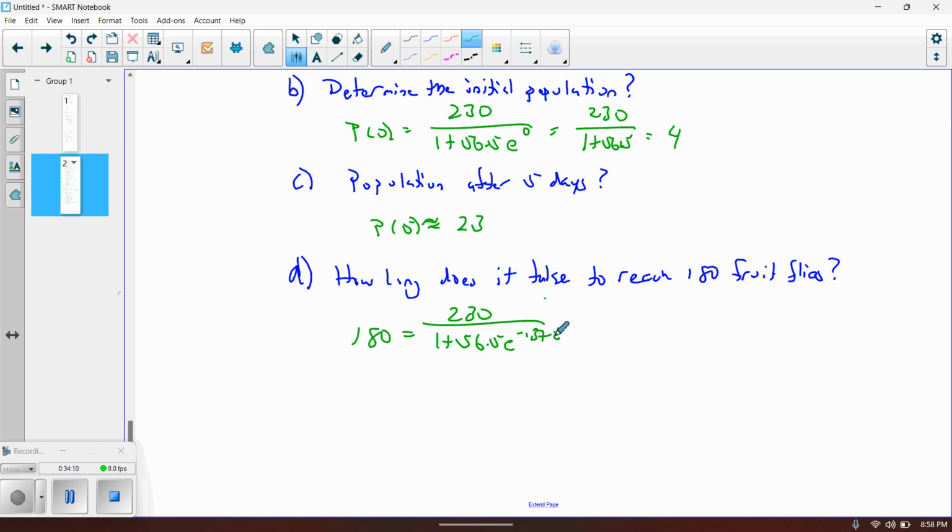And that is definitely something that you could utilize a calculator for. Once again, if you had to solve this by hand, you would have to isolate that t. So you'd have to do a little bit of algebraic manipulation there, multiplying both sides by the denominator, or you could reciprocate both sides. I think we're going to go ahead and utilize our calculator in this case.